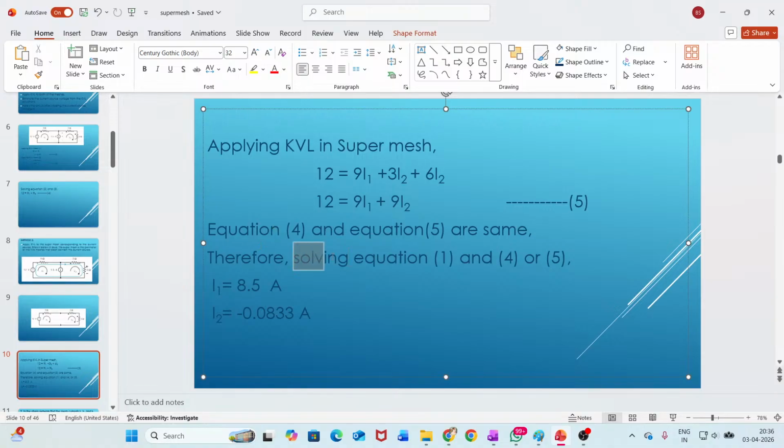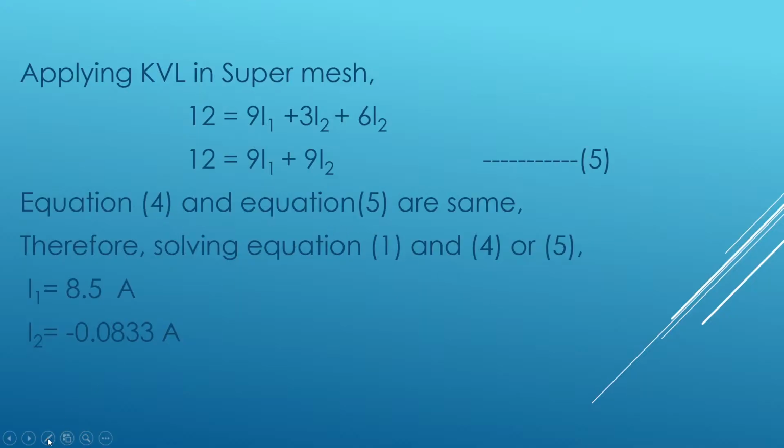We consider equation 1 and either equation 4 or 5. We need at least two equations to solve, since we have two unknown parameters, the mesh currents I1 and I2. So consider equation 1 and either 4 or 5, because both are the same.